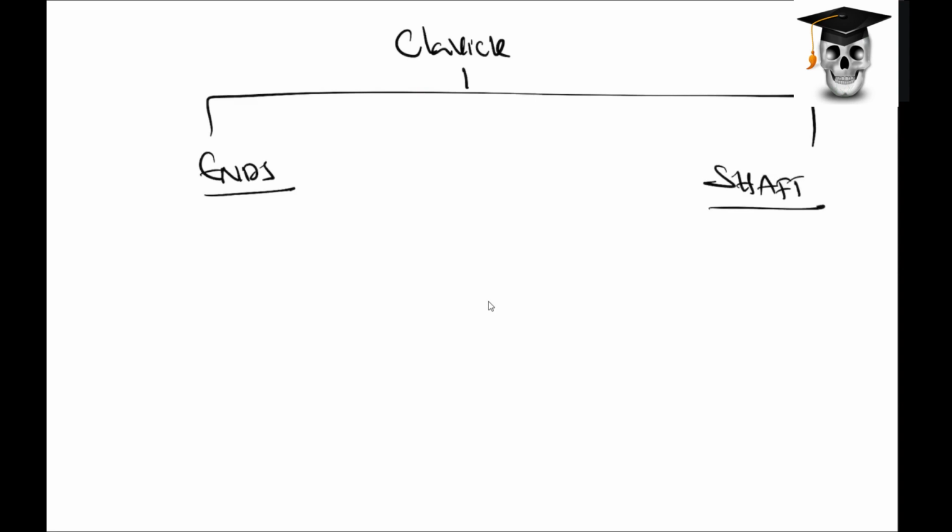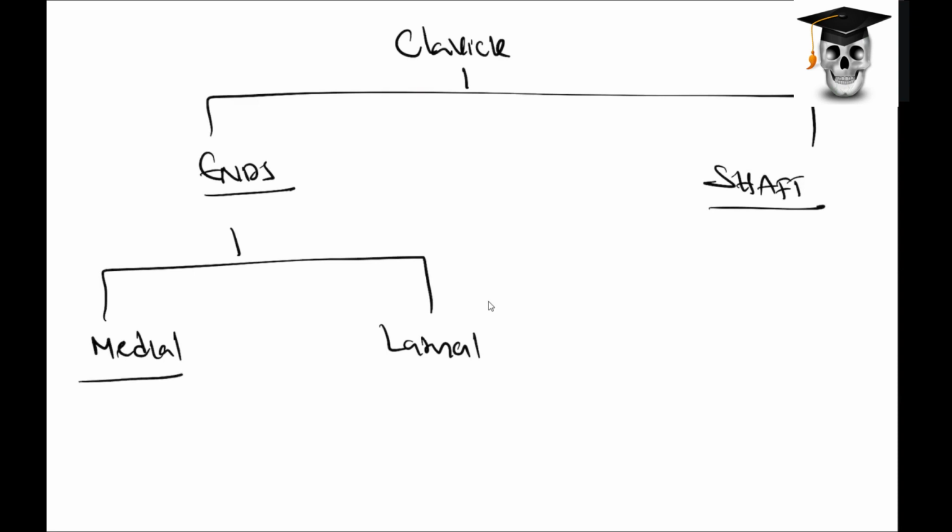You're following? One end is pointed towards the midline, called the medial end, and the end which is pointed laterally is called the lateral end, and there is an intervening shaft in between. So we will be dealing with the entire clavicle under the medial end, lateral end, and the shaft of the clavicle.